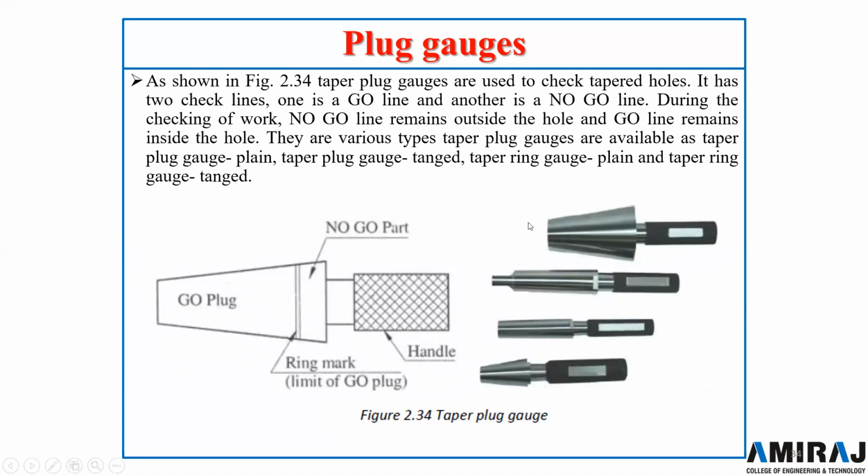Now in the plug gauges there are also taper plug gauges. As shown in the figure, taper plug gauges are used to check a tapered hole. It has two check lines, one is the go line and another is the no go line. During checking of work, the no go line remains outside the hole and the go line remains inside the hole.